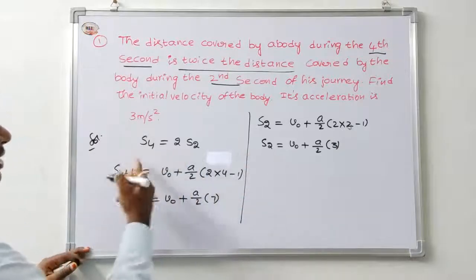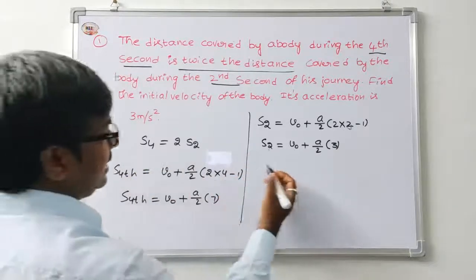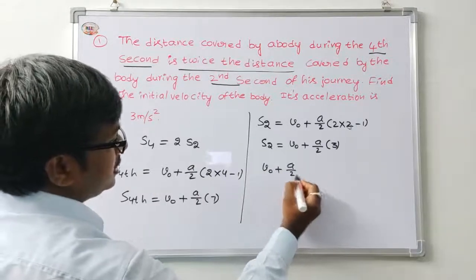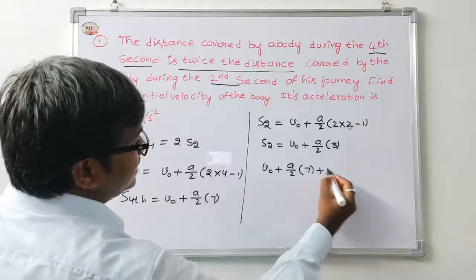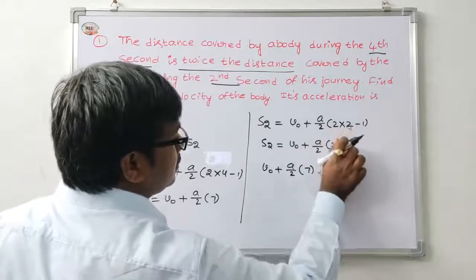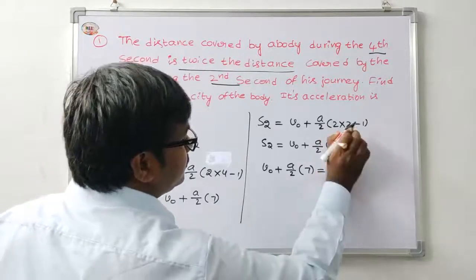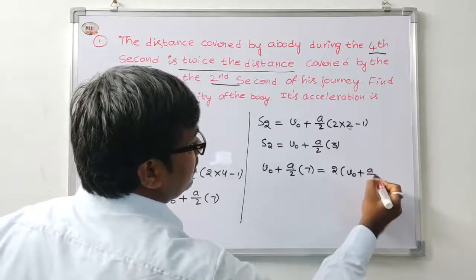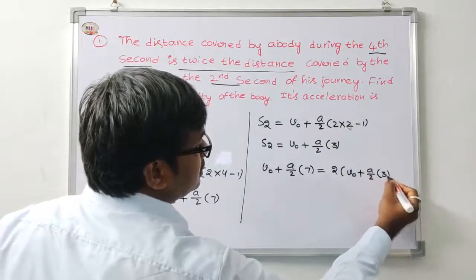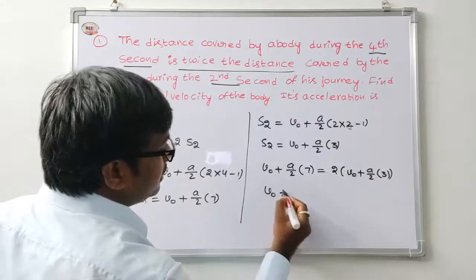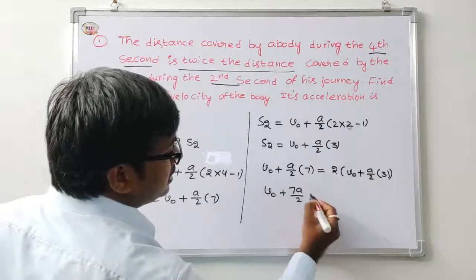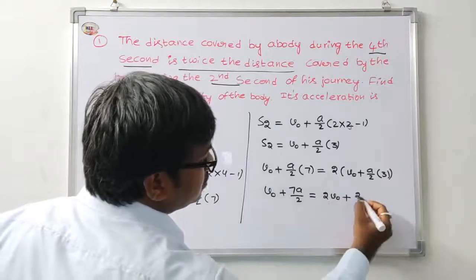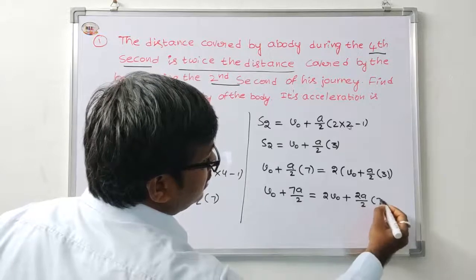These two are related by S4 equal to 2 times S2, so v naught plus a by 2 into 7 is equal to 2 into v naught plus a by 2 into 3. V naught plus 7a by 2 is equal to 2 v naught plus 2a by 2 into 3.